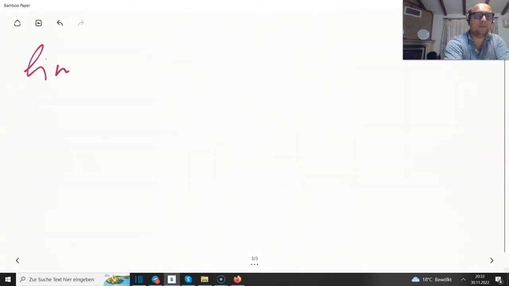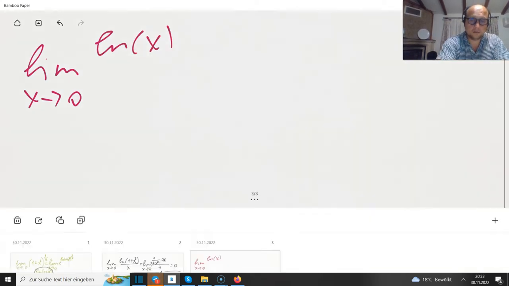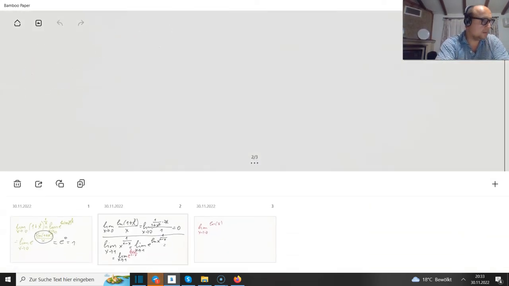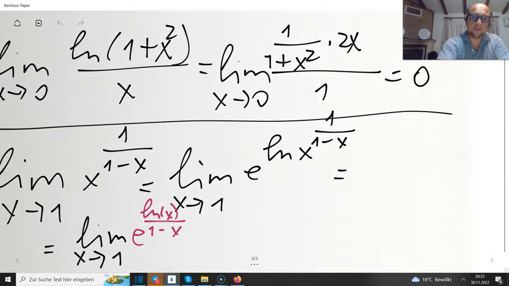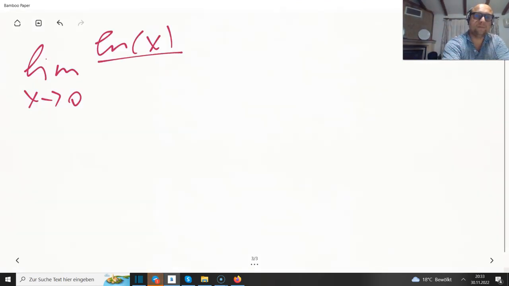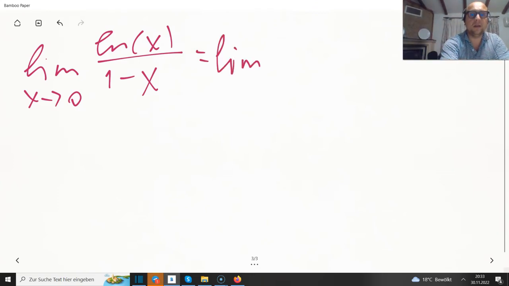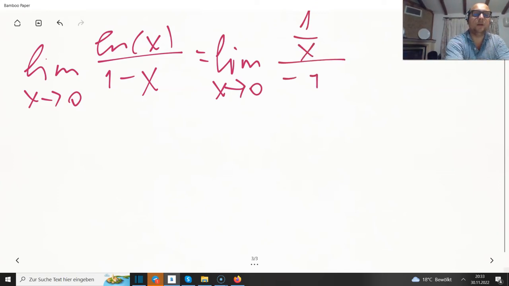the limit of the power, which is ln of x divided over 1 minus x. So 0 divided by 0, both differentiable. L'Hopital is calling: the limit of 1 divided by x here, and minus 1 there.